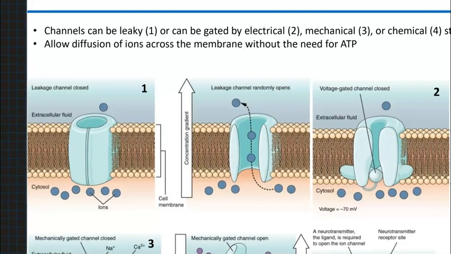So the first type of channel is the so-called leaky channel. A leaky channel randomly opens and closes, allowing ions to diffuse across the membrane. Quick question: what will determine the direction in which a particular ion diffuses? Gradient of concentrations, exactly. If this leaky channel is for potassium, potassium will diffuse out of the cell. If it's for sodium, it will diffuse into the cell.